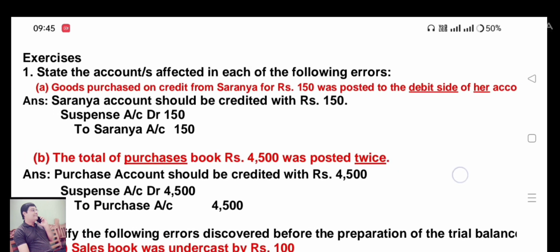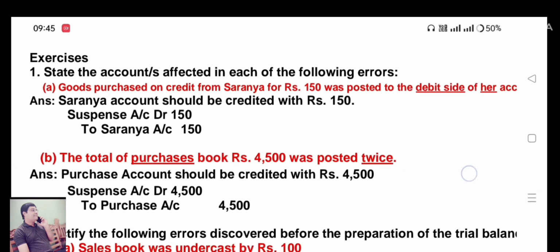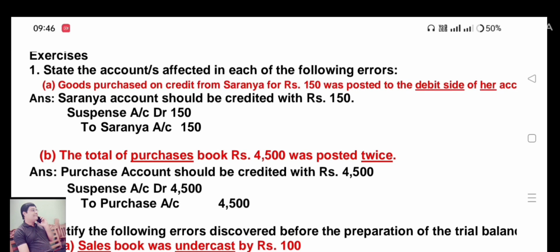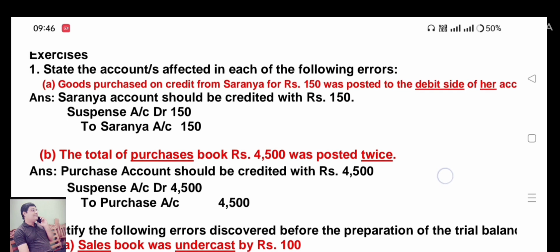We purchased goods from Saranya. So what is the entry? Purchase account debit to Saranya account. But we wrongly posted it on the debit side. Normally, purchase from Saranya means it is a credit balance, but we wrote it on the debit side wrongly.